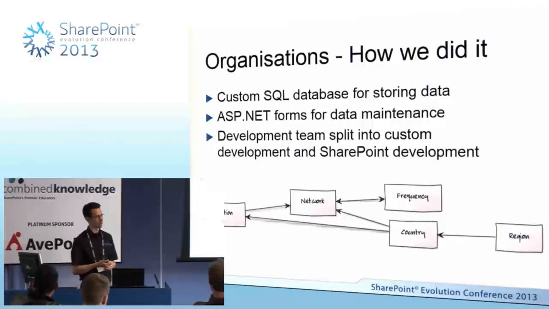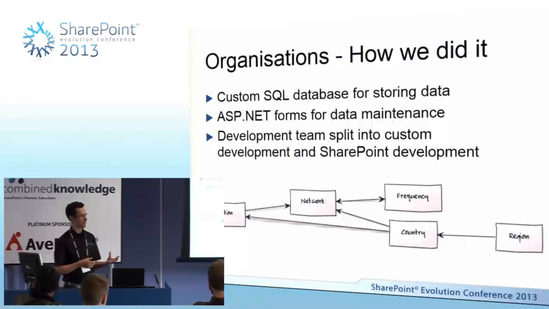Also, there's a large amount of data for some of these entities, such as roaming partners, where we have more than 20,000 different roaming partner entities, and this kind of pushes the boundaries of SharePoint lists. So for that reason, we're not using SharePoint as a data store, we're using a SQL database. This allows us to provide many different views of this information in a much more performant manner than we could with SharePoint lists.